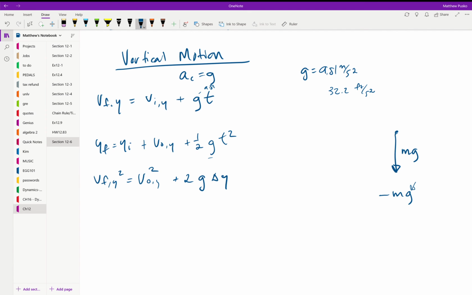Just analyze it. If it's a projectile, velocity in the x is constant. If it's a projectile, the velocity in the y direction is under the influence of gravity.